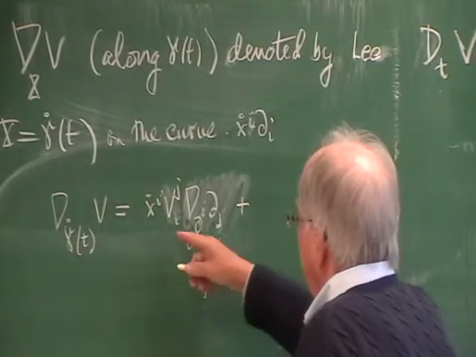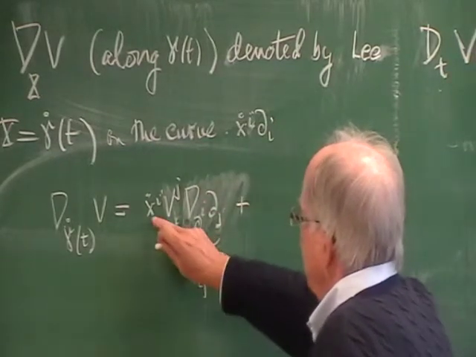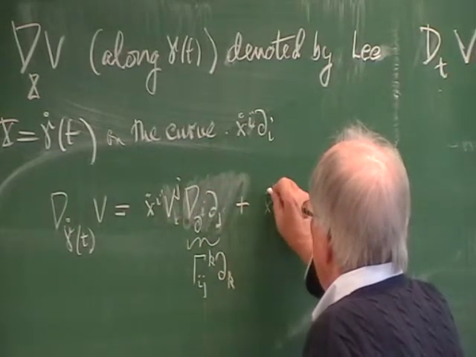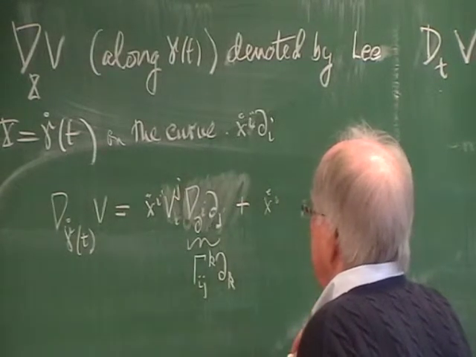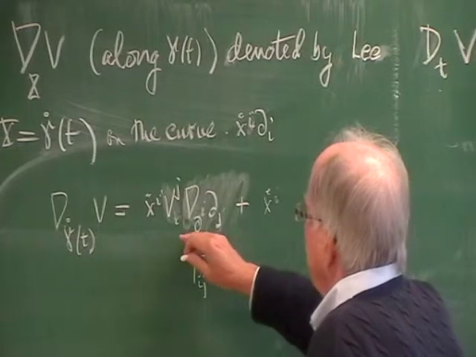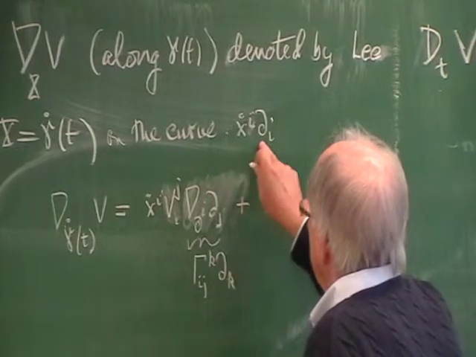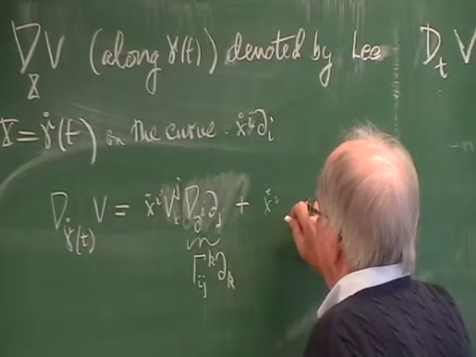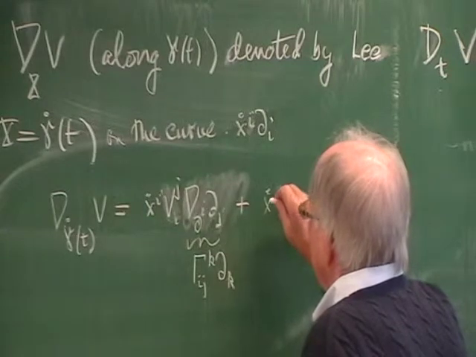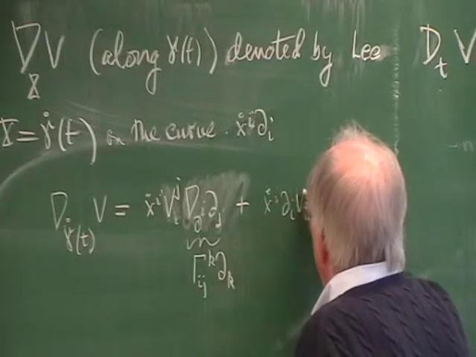And now we have to differentiate the coefficients of the V^j. So, of course, it's linear in this thing, so it's the x^i dot. Now we have to differentiate with respect to this, the coefficients of V^j. So d_i of V^j.